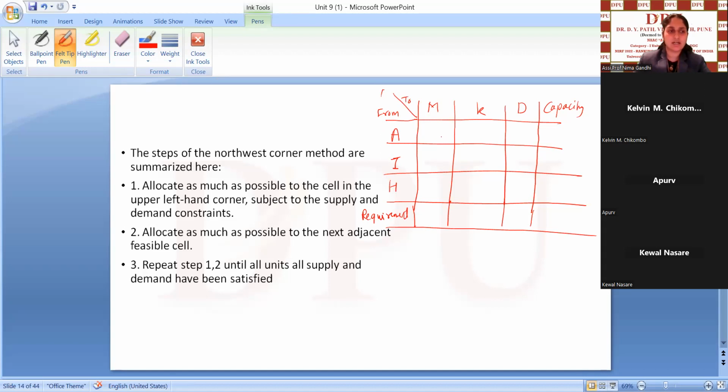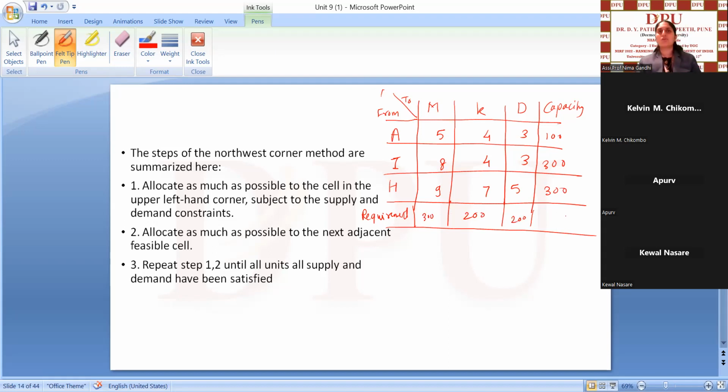So let me write down the remaining numbers here. The costs are 5, 4, 3, 8, 4, 3 and 9, 7, 5. The capacity is 100, 300, 300. And the requirement at Mumbai is 300, Kolkata is 200 and Delhi is 200.